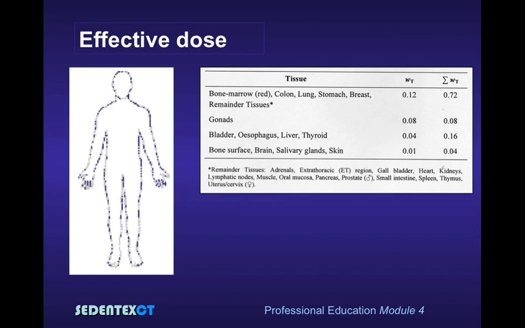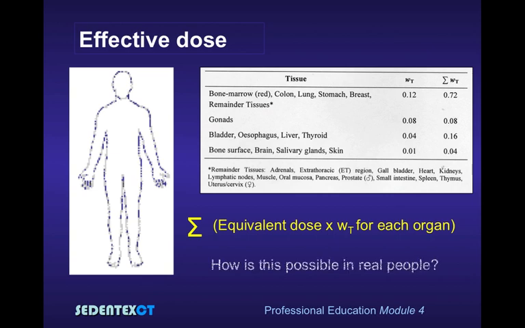When we perform dosimetry, what we need to do is calculate the equivalent dose for each organ or tissue and multiply it by this weighting factor to give us an indication of the biological effect. In the case of a particular type of X-ray examination, we do this for all the relevant organs and tissues, and then we add them up. So we have the sum of all these different factors.